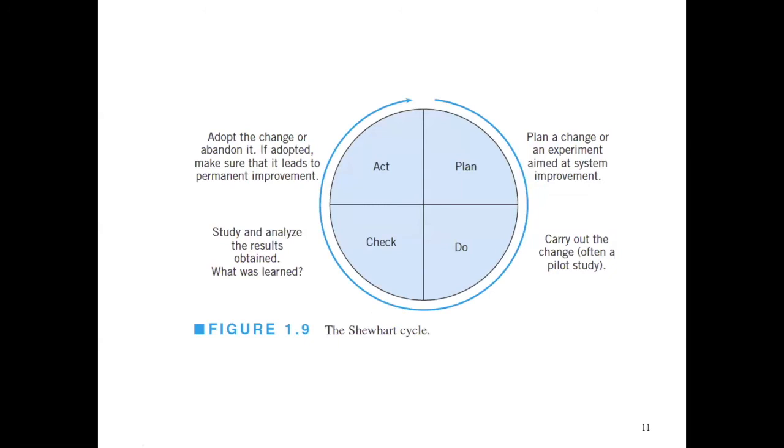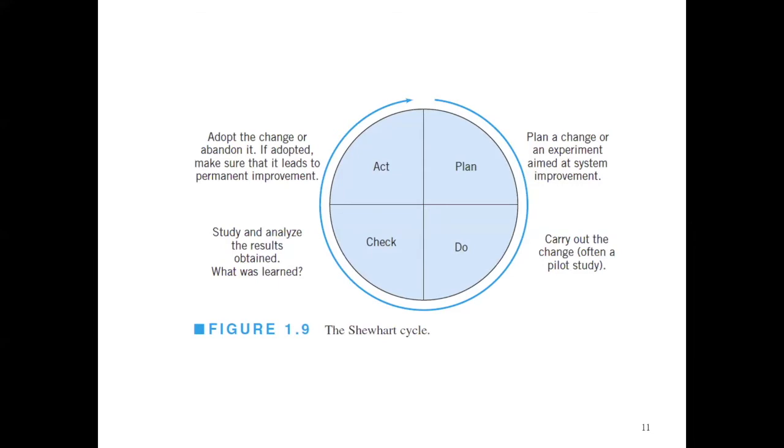Other methodologies that have been discussed in quality control, such as the Shewhart Cycle, which was popularized by Edward Deming, is a strategical aspect of quality control in which we plan or change the experiment's aim to improve the system. So we start with a planning phase in which we identify possibilities and possible courses of action for improving the process. And then in the do phase, we carry out these changes.